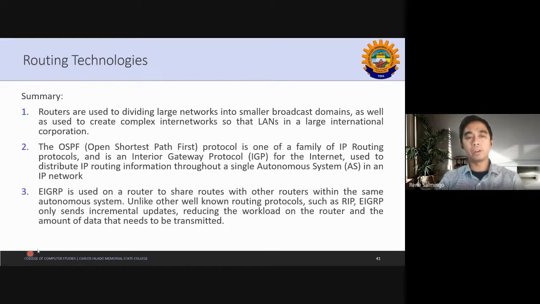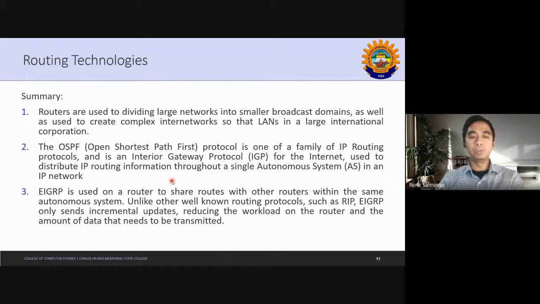In summary, routers are used to divide large networks into smaller broadcast domains, as well as to create a complex internetwork, such as LANs in a large international corporation. OSPF is one of the family of IP routing protocols, an interior gateway protocol for the internet, used to distribute IP routing information throughout a single autonomous system in an IP network.